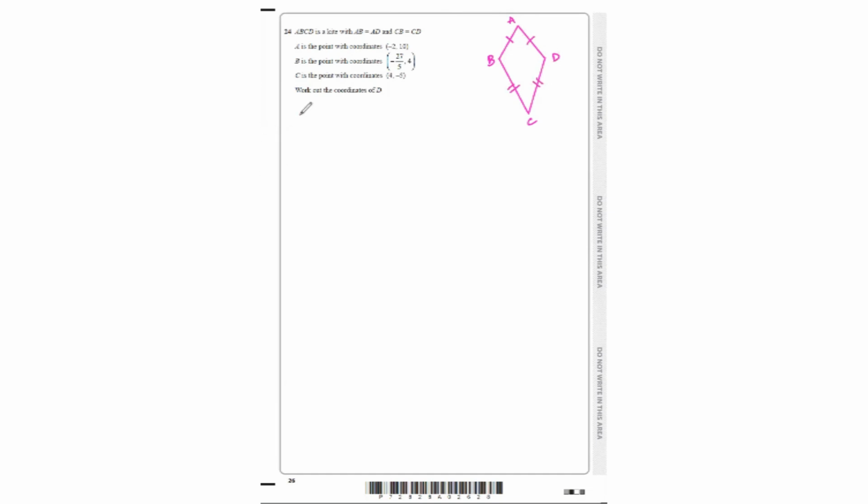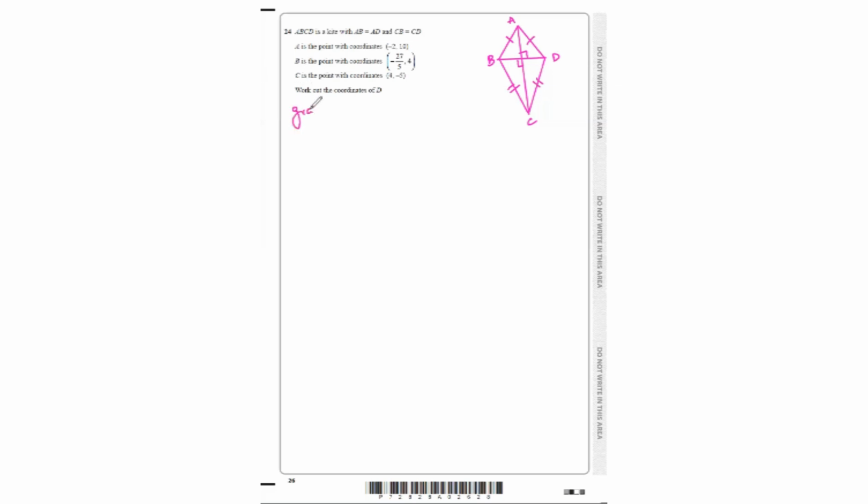So we know that the gradient of, if you're familiar with the shape of a kite, the diagonals in a kite meet at 90 degrees. So they're basically perpendicular to each other. So if we begin with finding the gradient of AC, we can use that to find the gradient of BD as well.